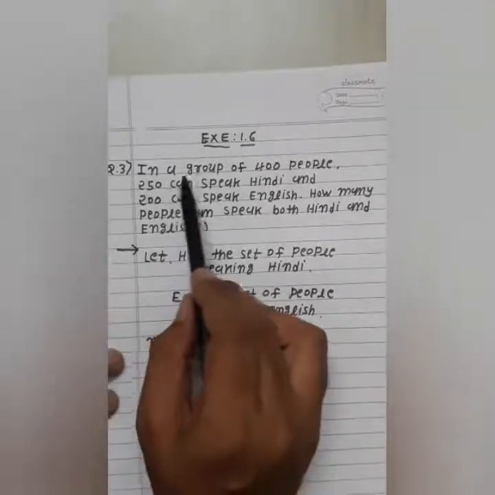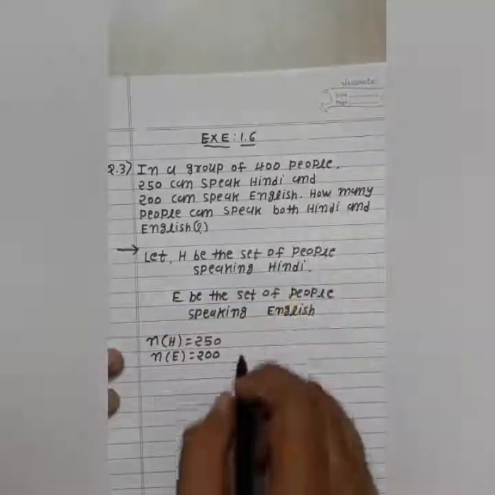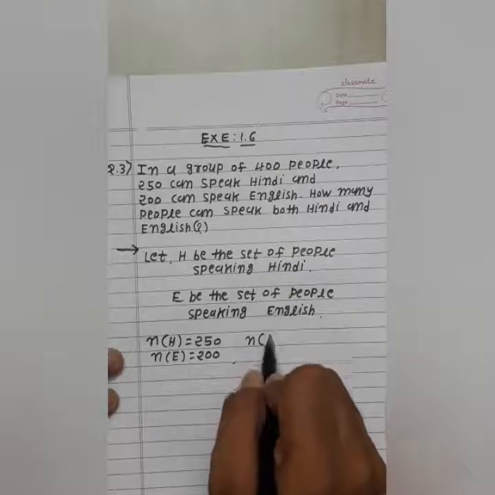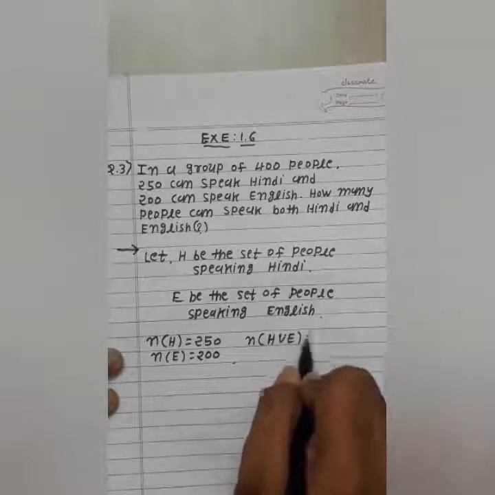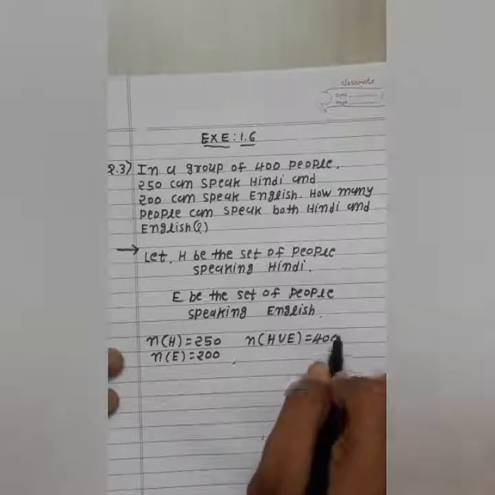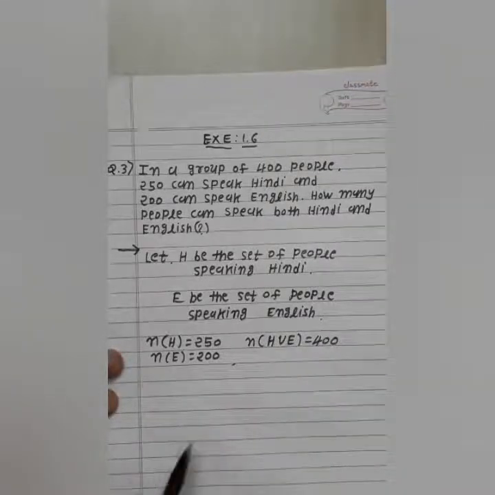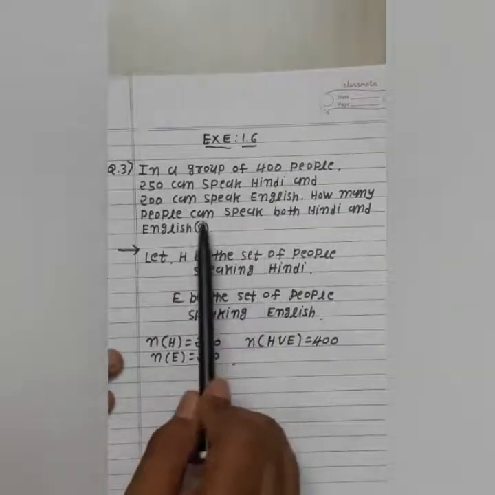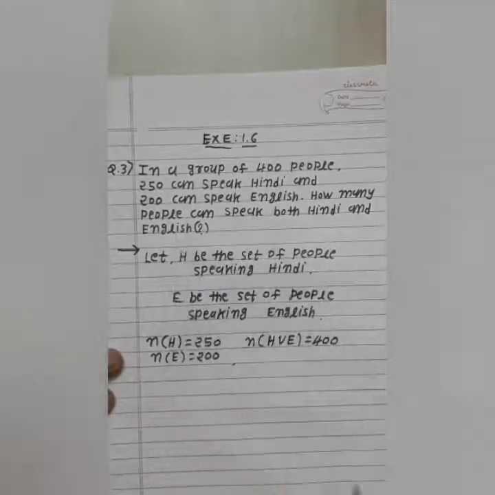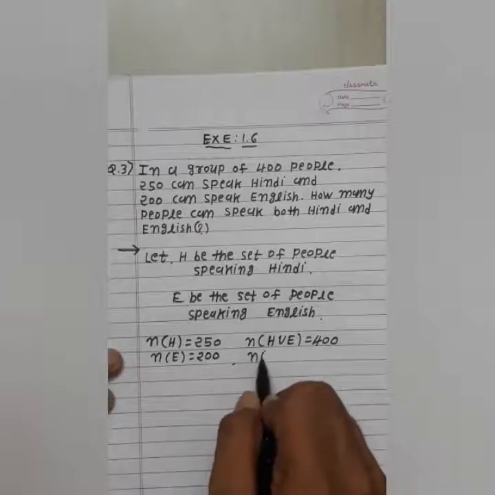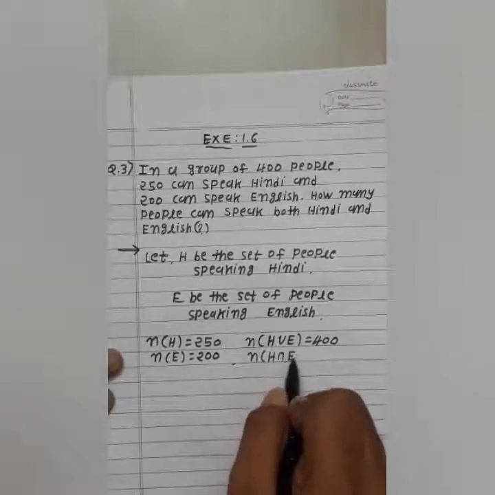And in a group of 400 people, so n of H union E is equal to 400. So our question is, how many people can speak both Hindi and English? That means find out n of H intersection E.